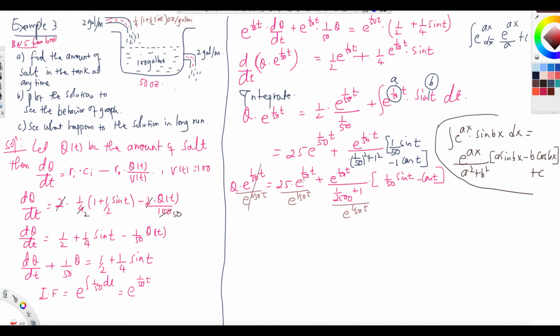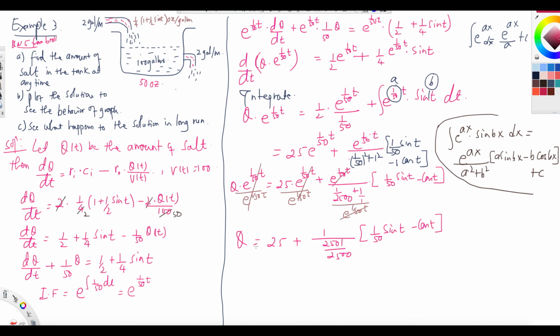So that will cancel out, this and this will cancel out. What you get is q equals 25 plus, how much is that? There is 1 in the denominator, you can just combine those, right? So that will be 2500 plus 1, 1 divided by 2501, and then times 1/50 sine t minus cosine of t.